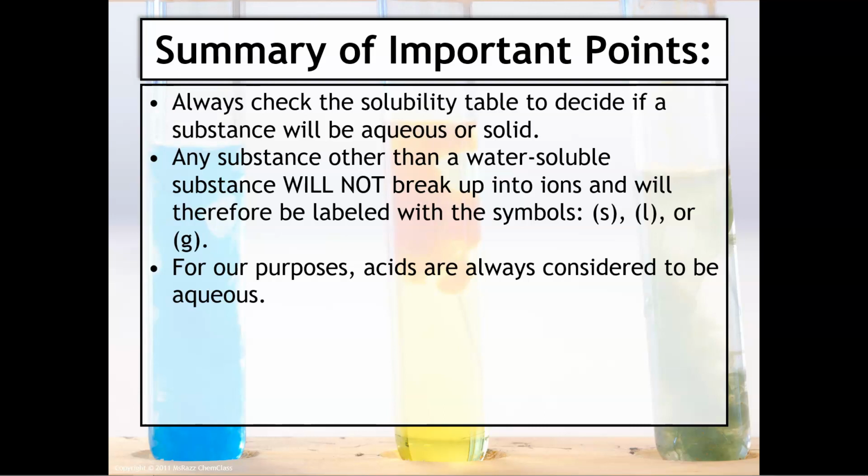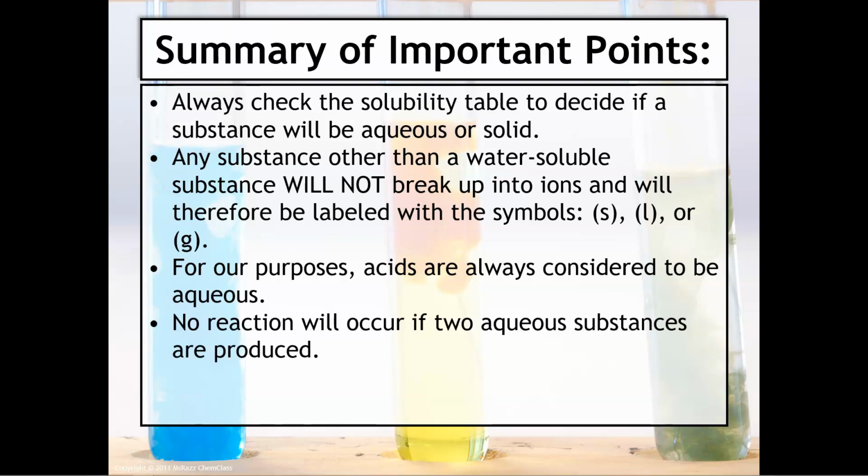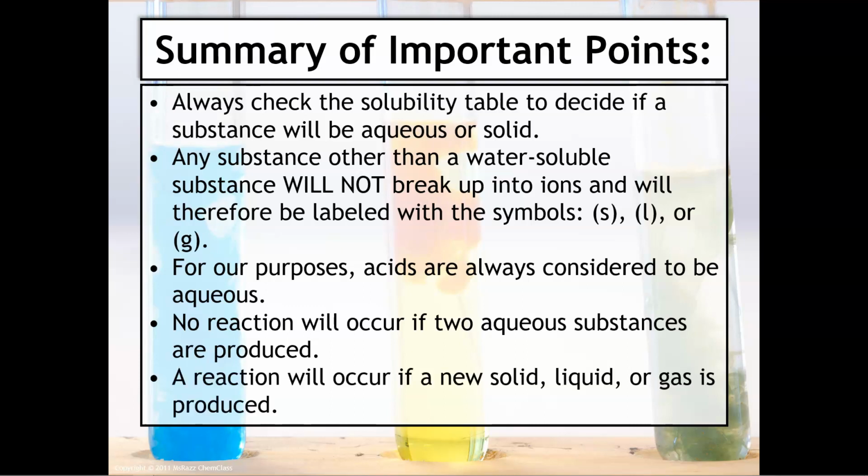There are some solid acids, but don't worry about that for right now. Just in our class, we'll just assume that they're always going to be considered aqueous. And then no reaction will occur if two aqueous substances are produced. And then finally, a reaction will occur if a new solid, liquid, or a gas is produced.